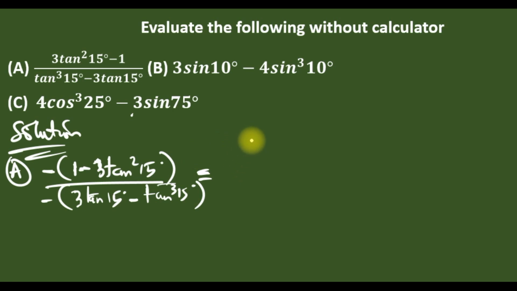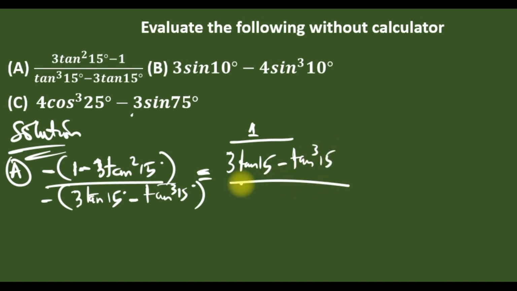So I can write this as 1 over 3 tan 15 minus tan cube 15 over 1 minus 3 tan squared 15.